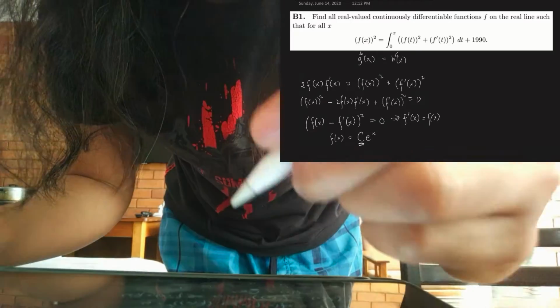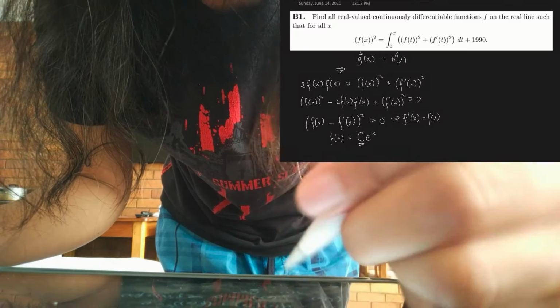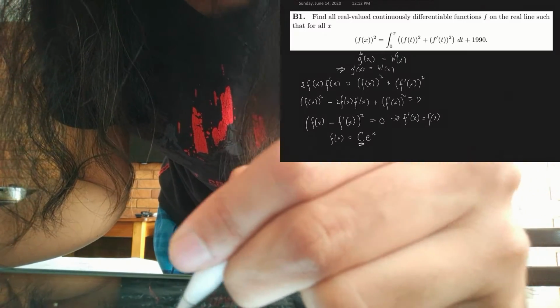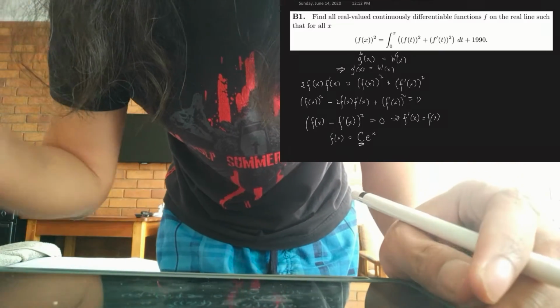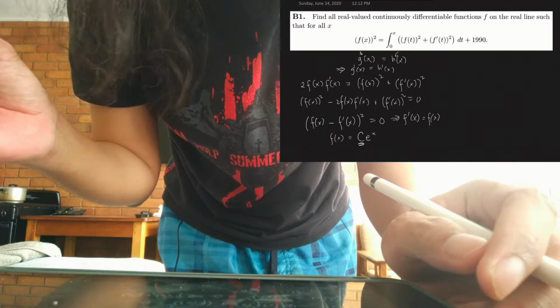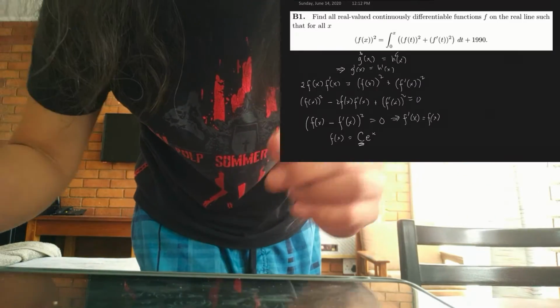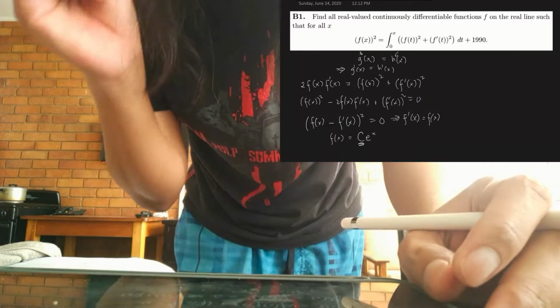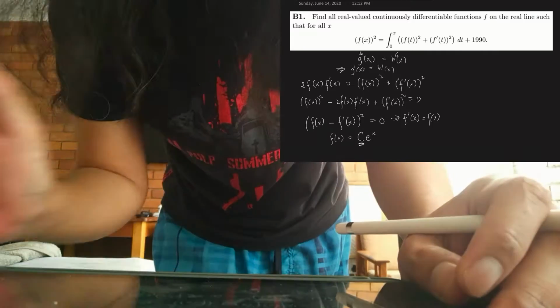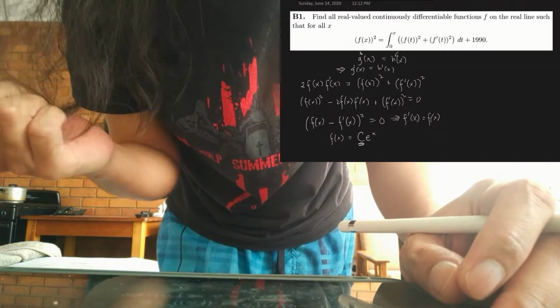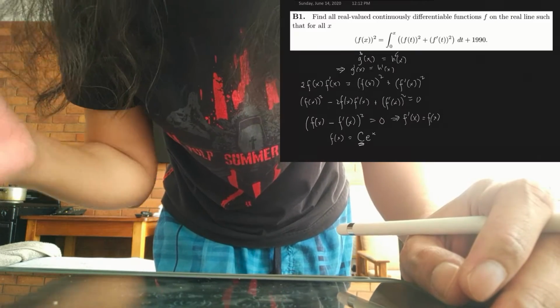What we did is let g prime of x equal h prime of x. But the question is, when two functions have equal derivatives, are they necessarily equal? That's an awesome question. Can we say for certain that if the functions have equal derivatives, the functions themselves are equal? And the answer is no.